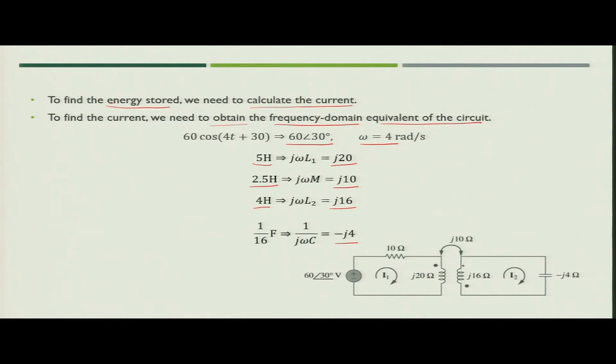So, if you put all those values in the circuit, you will get the circuit in frequency domain. Let us assume that the current I1 is flowing in the left part of the circuit and I2 is flowing in the right part of the circuit. So, if you see these two currents, both are going inside the dot, that means the mutual voltage will be positive.